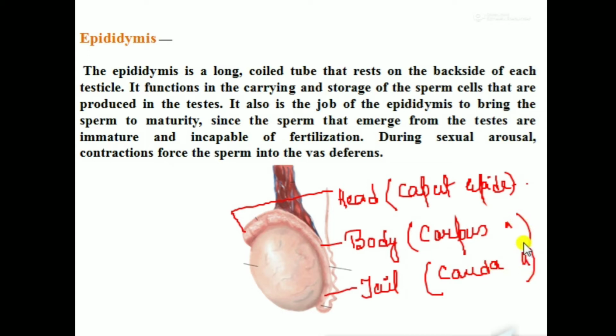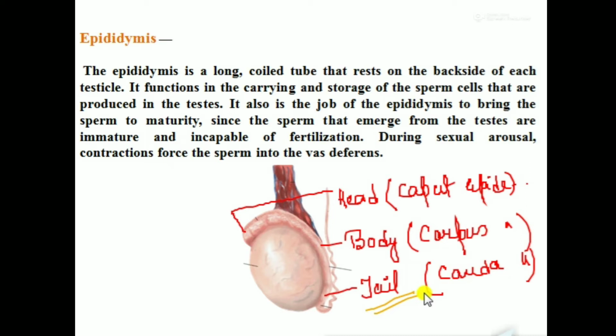As we know, the epididymis is a long tubular structure which is divided into three parts: caput epididymis, corpus epididymis, and cauda epididymis. In the last section, the tail part of the epididymis, the sperm are stored for a few hours, like 18 to 24 hours.